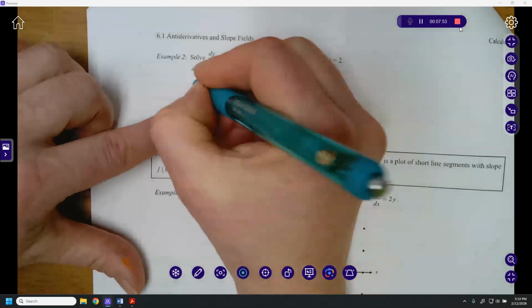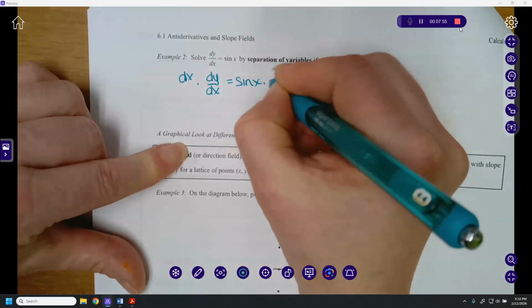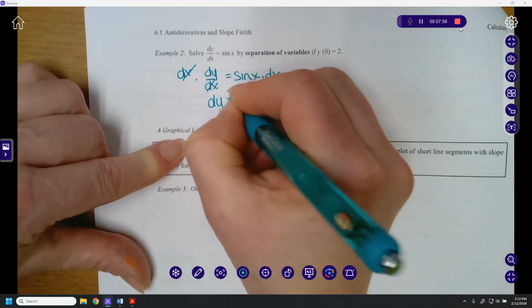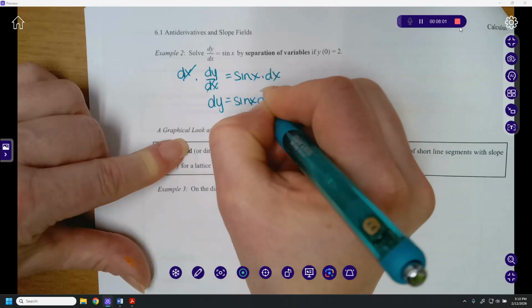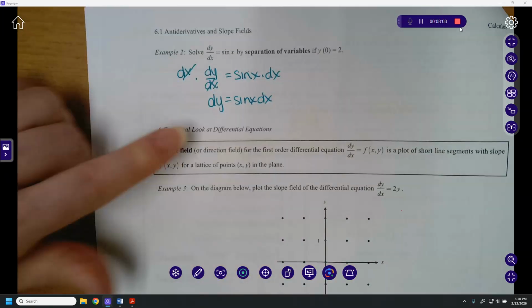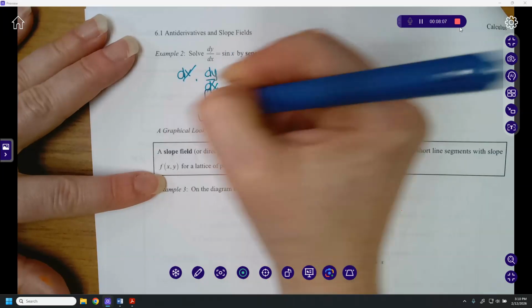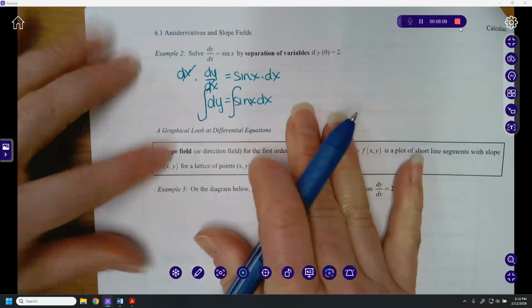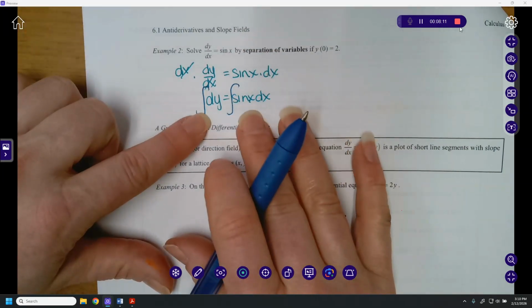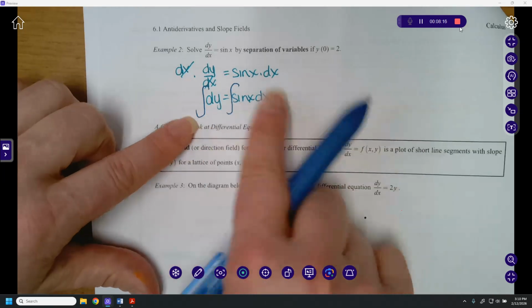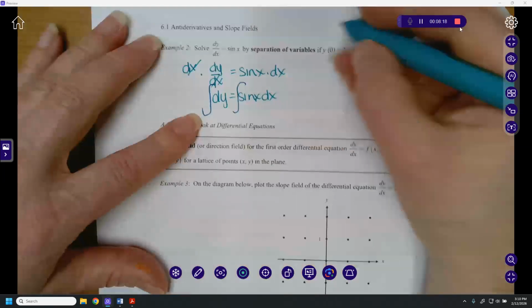So I'm going to multiply both sides by dx. Next step, I'm going to undo the d y d x, this is what I was talking about, by taking the integral of both sides. The antiderivative of dy is just y.